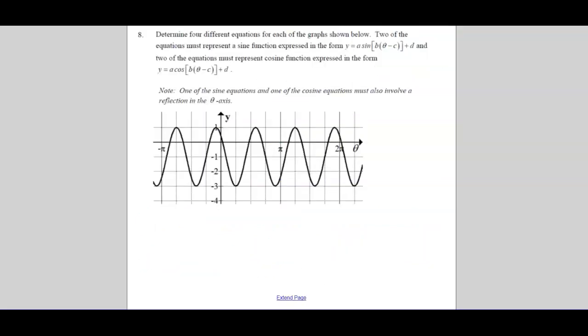This still says determine 4 different ones. It says 2 of the equations must represent the sine function, represented in that form, and 2 cosine. So there's the note: 1 of the sine and 1 of the cos must also involve a reflection. So this one is all 4, but just be aware that we're not going to ask you all 4 on a test, because we want to give you a couple of questions as opposed to just 1 and get you to get 4 equations of it.